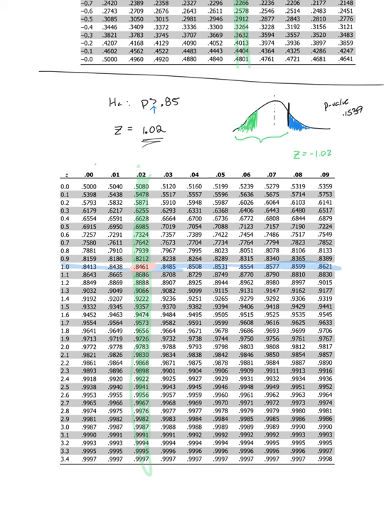Remember, this is not actually giving me the end tail I want. Instead, what it's saying is that this entire lower half, everything below a z-score of 1.02, is 0.8461. If I wanted that blue side, then I would have to take 1 minus that. And if I took 1 minus it, sure enough, I'd get the 0.1539 I was looking for.